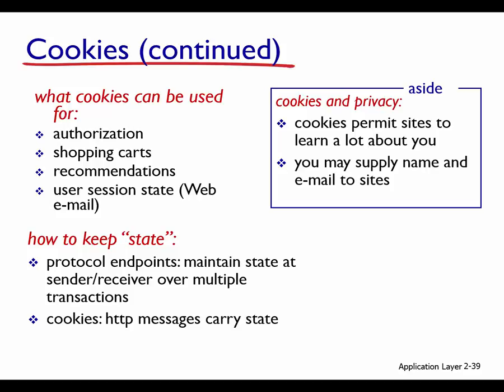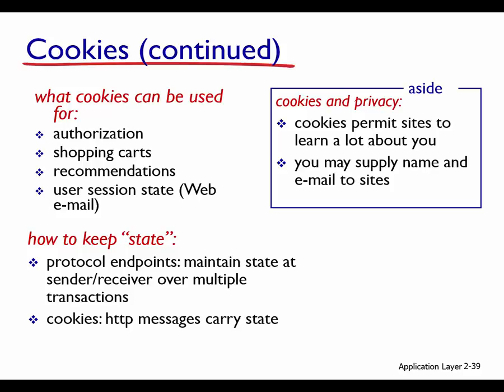So basically, cookies can be used to authenticate a user, make sure a user is authorized. They can be used for shopping carts, like we just said, and for recommendations. So you go to some sort of e-commerce site and they track your purchases, and they say, oh, you bought thing X, you might like thing Y. They provide you recommendations, and they can also be used to save a user session state, such as when you're using web-based email.